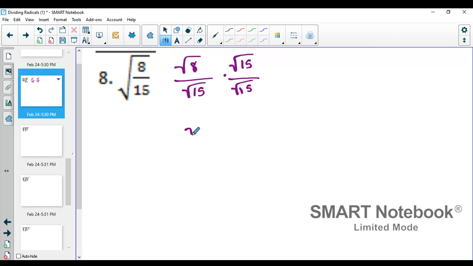So this becomes the square root of 120 over 15. Now here's the fun part, because we can simplify 120. So the factors of 120 that we are going to use, I believe, are 4 and 30, maybe. Let me just double check here.